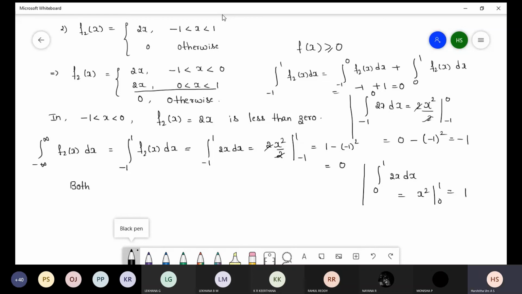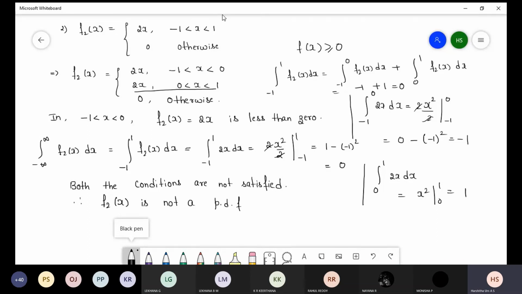Both, if you are taking individually, both the conditions are not satisfied. Therefore, f2 of x is not a PDF.